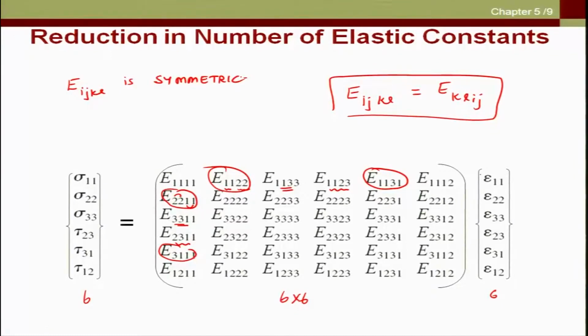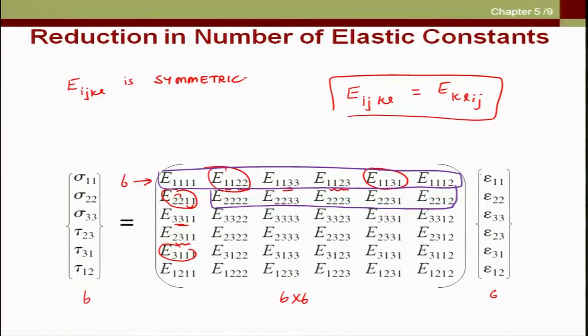The total number of constants which are unique now, earlier it was 36, but now it will be 6 from here. What will be the unique terms? These are the 6 terms from here. The first term is repeated, so 5 terms from here. Then these 2 terms are repeated, so 4 terms from here. Then 3 terms from here, then 2 terms from here, and 1 term from here.